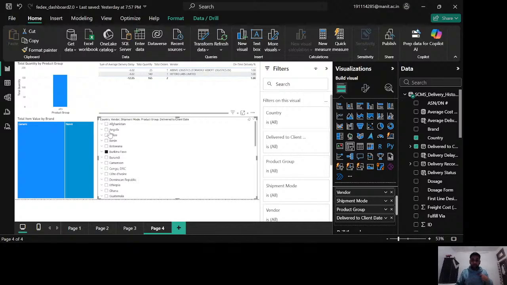The total quantity shipped in this country is 165, and the total orders were taken by Abide Logistics and Hetero Labs, equally, one each, and the total orders are 2.